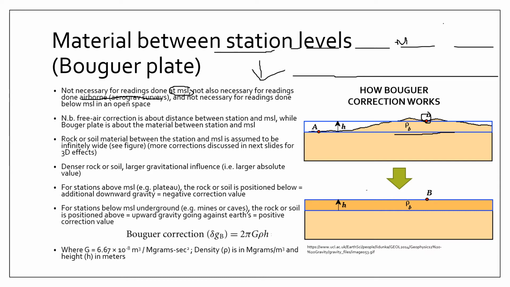So this is your MSL, and this is you doing a survey. In this case, technically there is no material lying between you and the mean sea level, so you don't need any Bouguer plate correction.